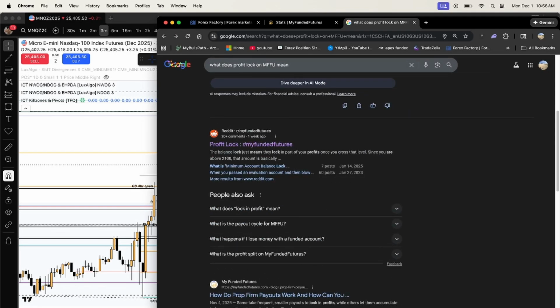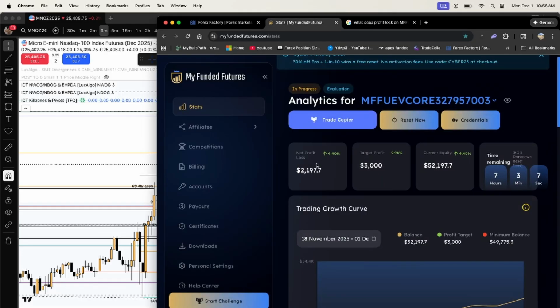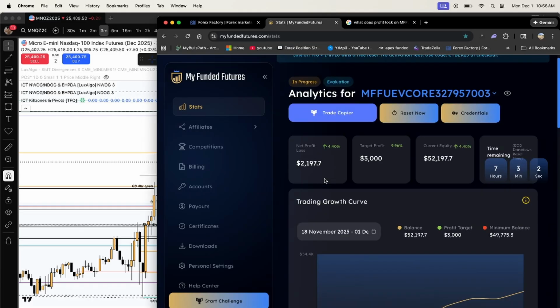So that means I could lose my account if I go below this shit. Oh god, man. That's really fucked up.